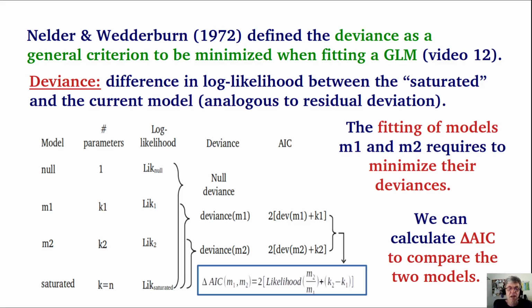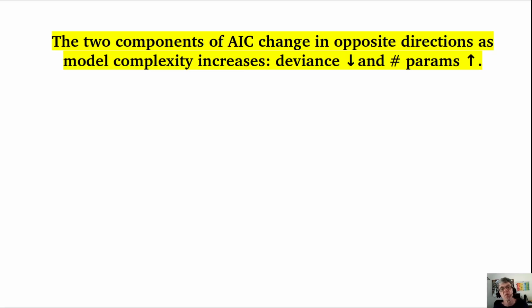This is what matters. The absolute value of the AIC is completely irrelevant. It can even be negative. So what matters is the difference of AIC between candidate models in a set. The 2 components of the AIC change in opposite directions as model complexity increases. As the model becomes more complicated by having more explanatory variables or interactions, the deviance declines, that is, the goodness of fit increases, but the number of parameters increases.